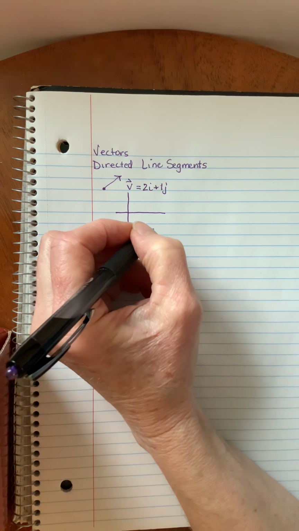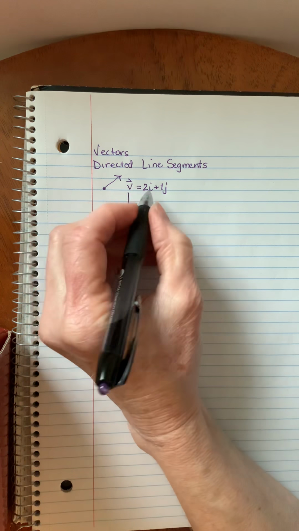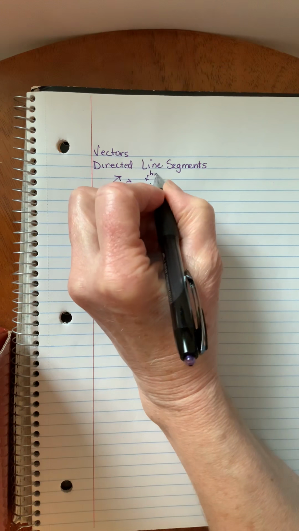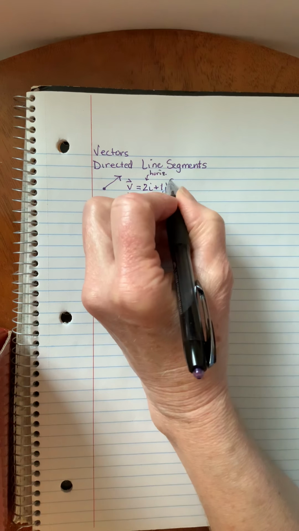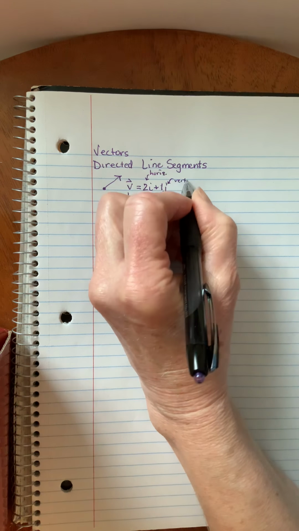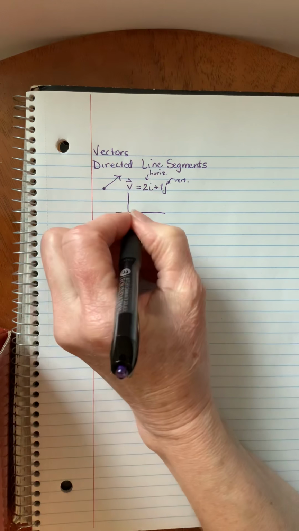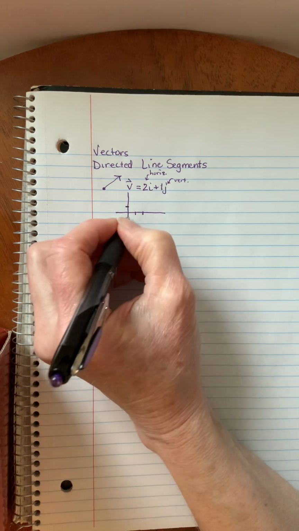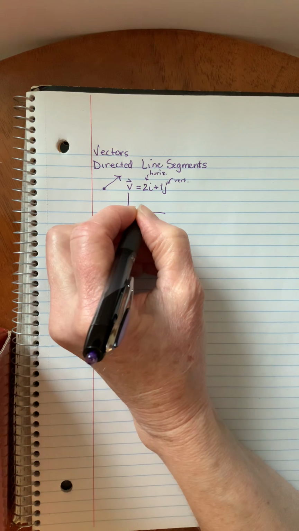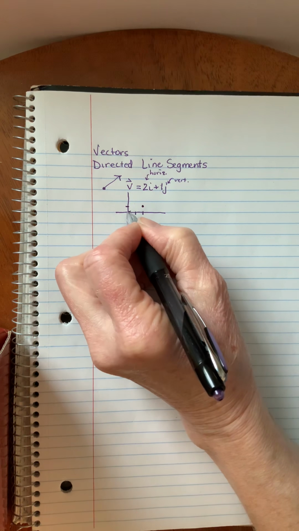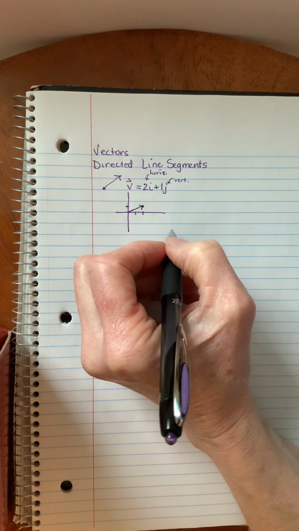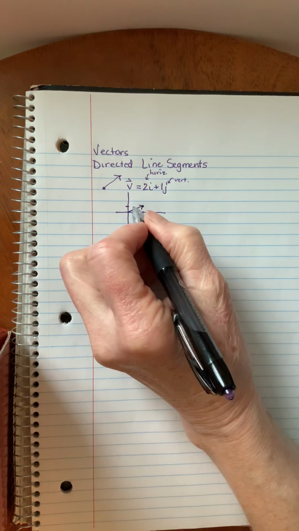And they all can start at the origin, believe it or not. And this would be the x direction, the horizontal. And this one is the vertical. So if I'm going to talk about vector v, I go out 2 units from the origin, I go up 1 unit from the origin, and I'm right here. I connect the dots from the origin out to there, put an arrow there, and so this is my vector v.